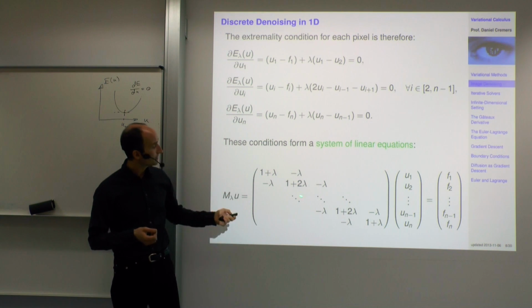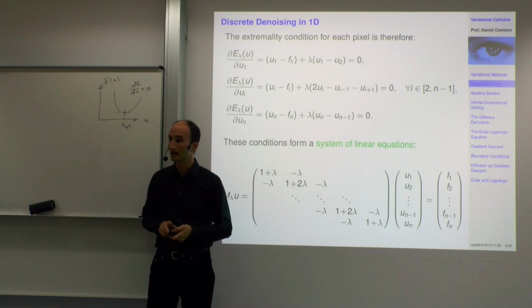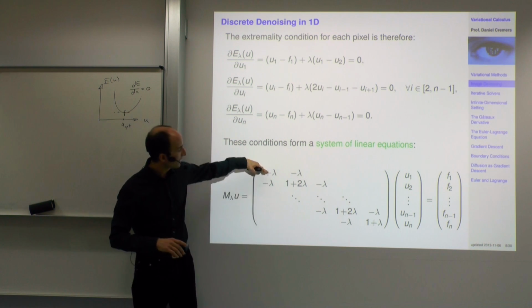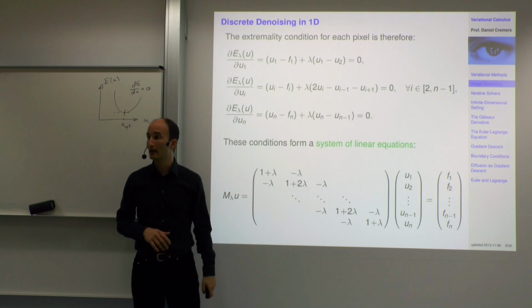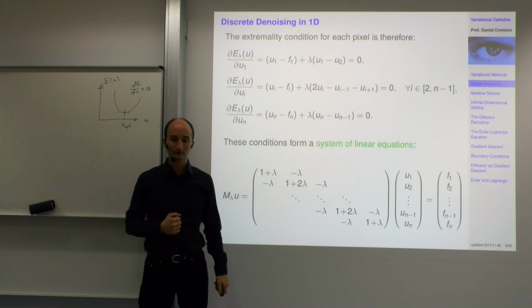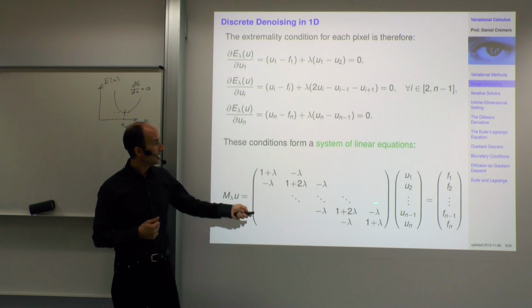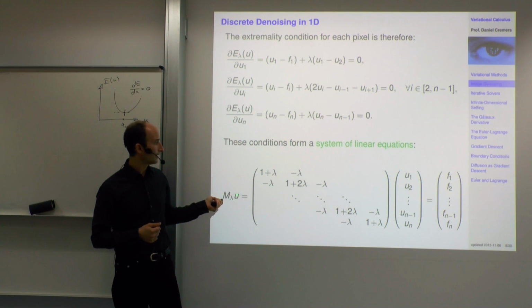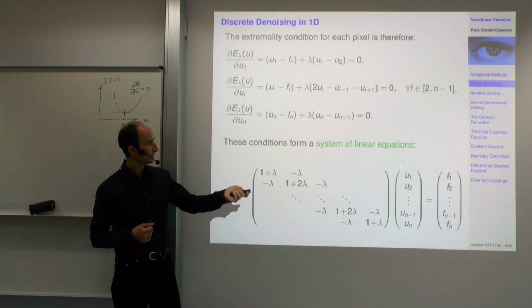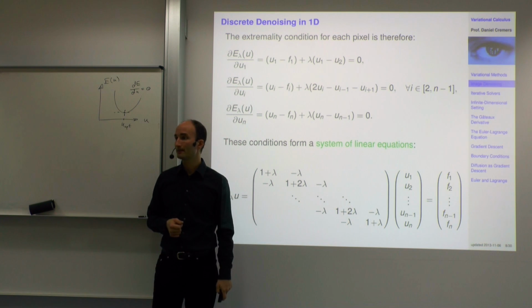And so what you get is a matrix that is called tridiagonal. You have a diagonal and you have the two off-diagonals that are just minus lambda. So this is a tridiagonal matrix, and now you can see the solution is the vector u of brightness values that solves this equation.